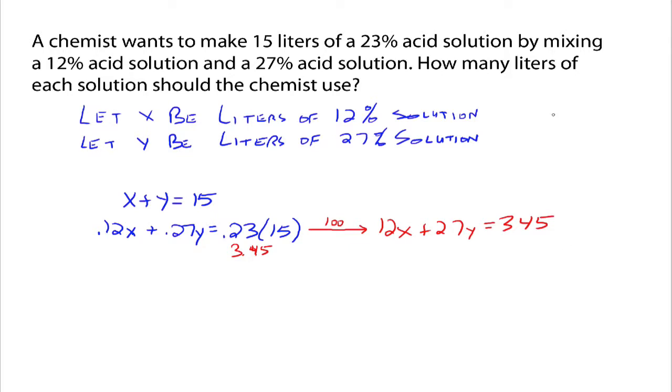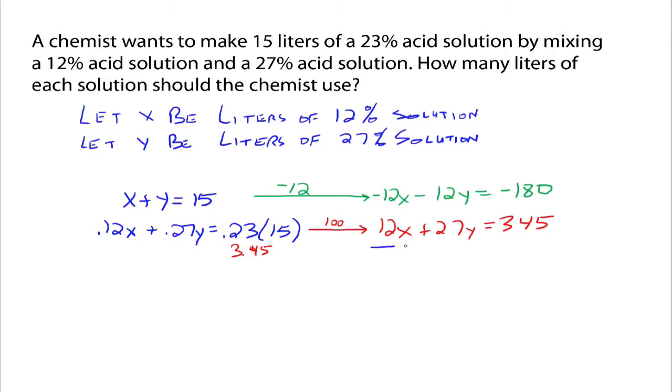Okay, and then this top equation I'm going to multiply, because I want to eliminate the x's, right? So I'm going to multiply by negative 12. I could have chosen the y's to eliminate, and then we would multiply this top equation by negative 27, right? But I'm just choosing the x's. So we have negative 12x minus 12y equals negative 180.